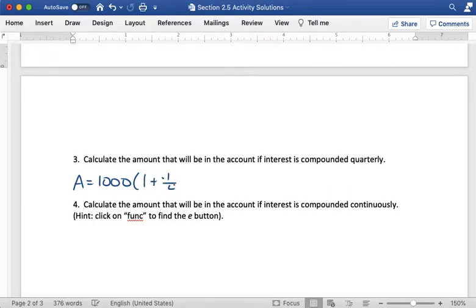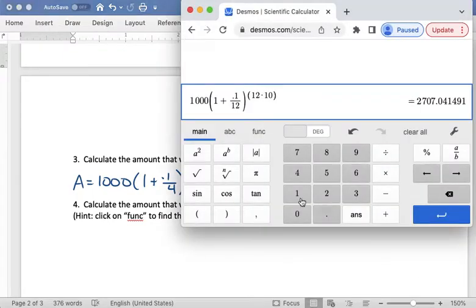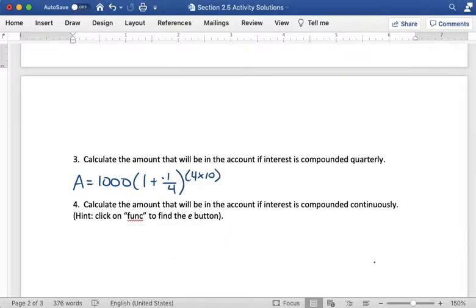And now we're plugging in 4 for M and 10 years for T. And so I can go to my Desmos calculator and just switch these 12s for 4s. And I get $2,685.06.